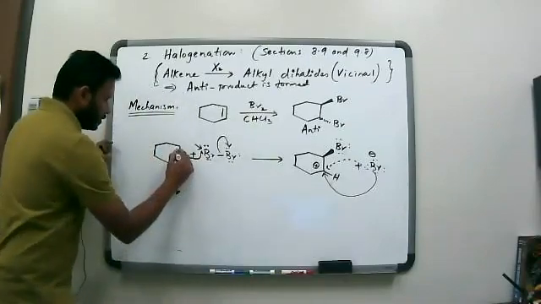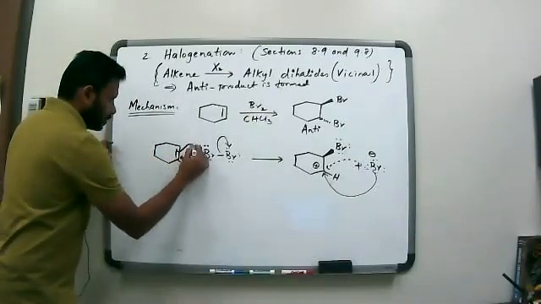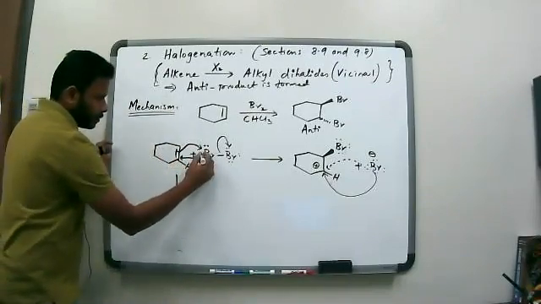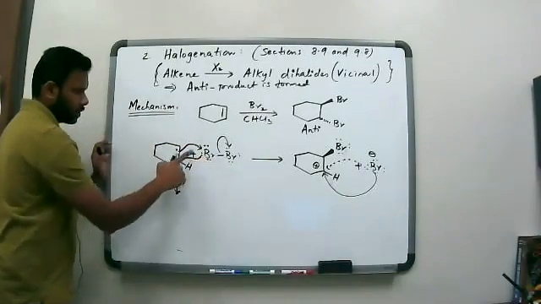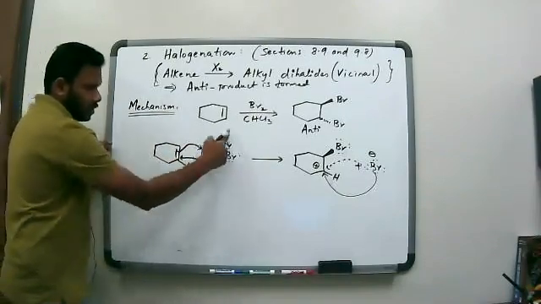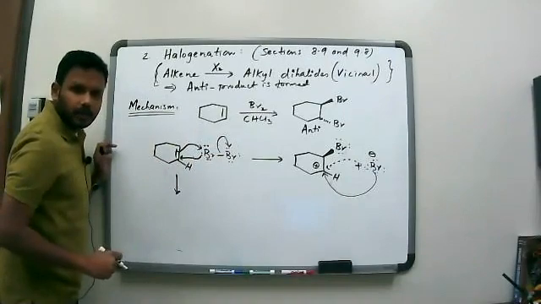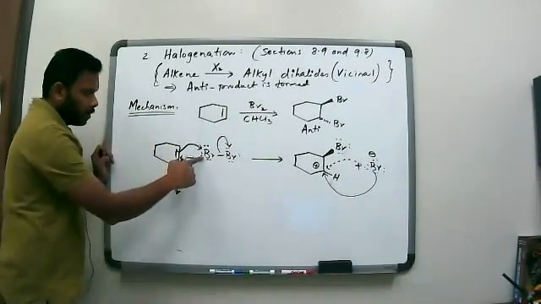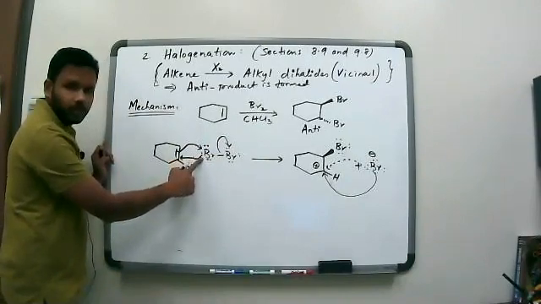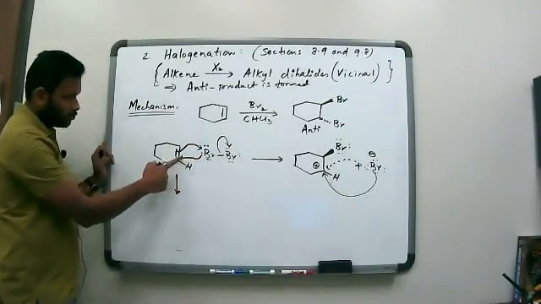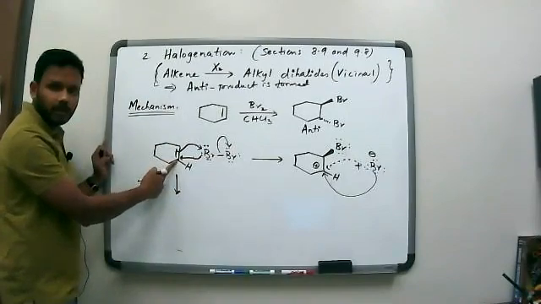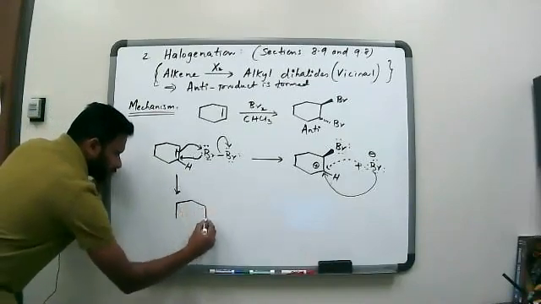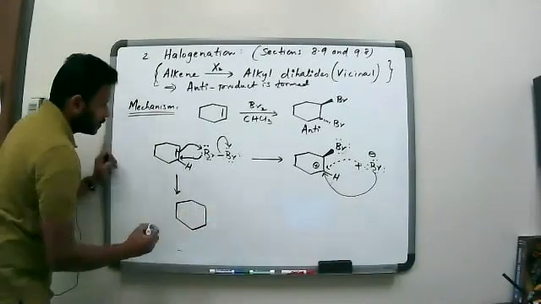So what's going on here is the pi bond attacks one of the bromine atoms. The other bromine gets kicked out as a bromide, and simultaneously a lone pair on the bromine which was attacked comes back and attacks the other carbon. And so what we get is a structure like this.